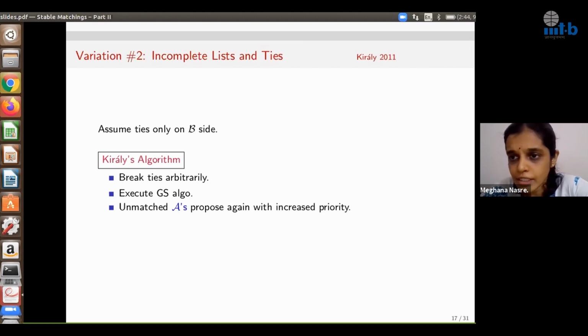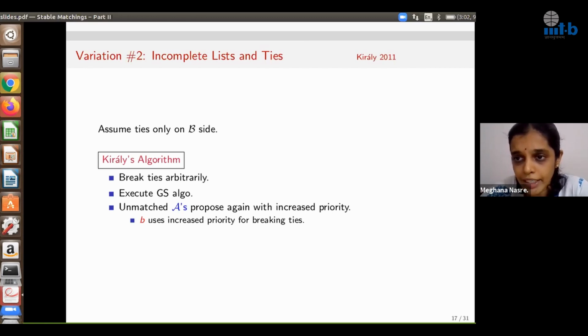If it is a strict preference, that is, she is matched to a strictly better partner, then the woman does not change her preference. So we say this by saying that B uses increased priority for breaking ties alone. She never jumps her priority and accepts somebody who is weaker in preference over the current. So she never changes her priority. That is important. Therefore, we are ensuring that stability is never violated.